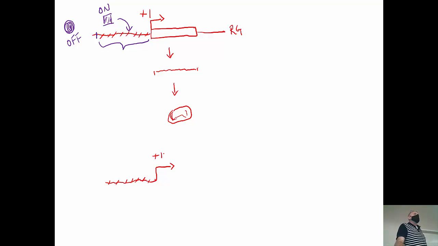So this region here will bind to the purple square, and that'll be turned on, and the purple circle will turn it off. What's cool about a cell, if we think back, is the cell actually doesn't care what's after the +1.